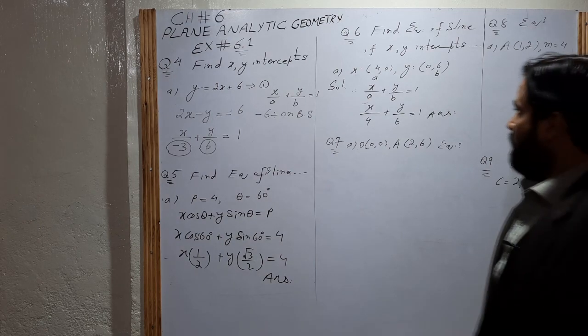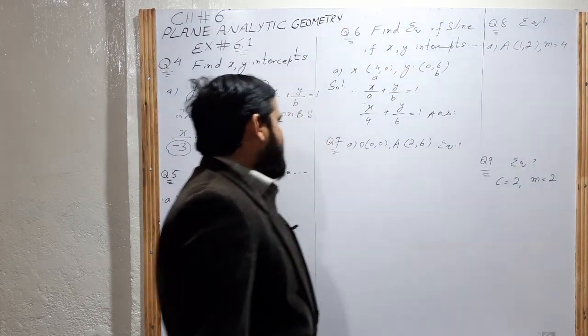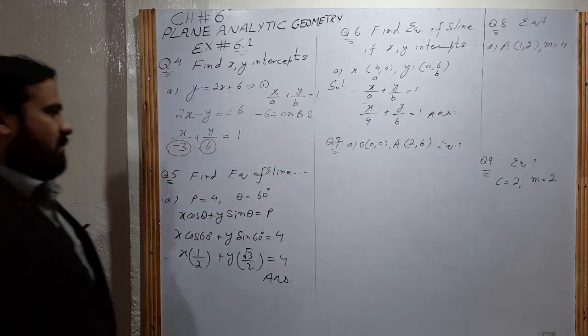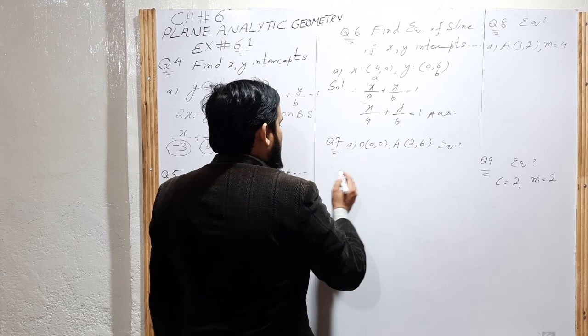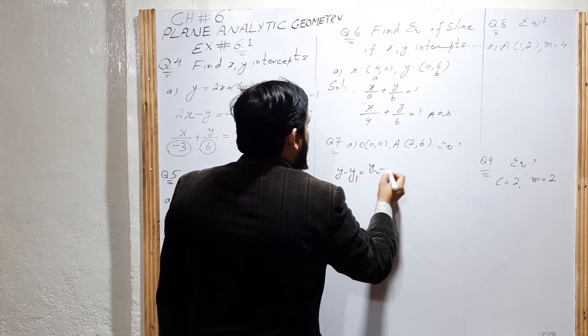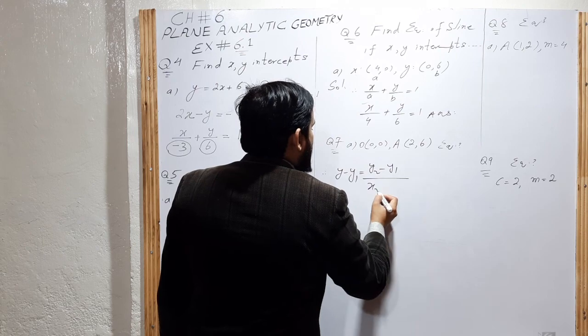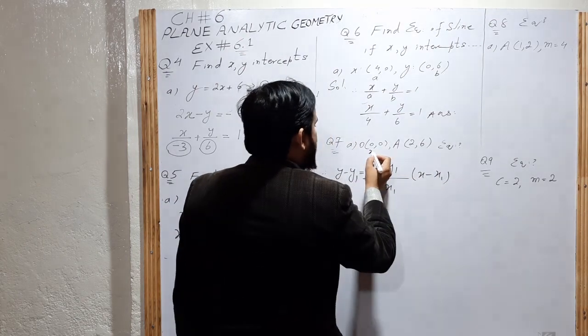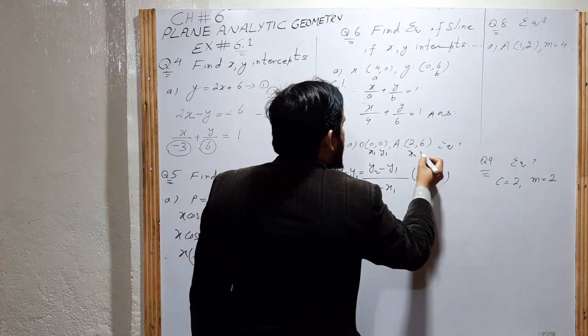Question number 7 is the next one: find the equation of the straight line if two points are given. So we use the two points formula, which is y minus y1 over y2 minus y1 equals x minus x1 over x2 minus x1, where the points are (x1, y1) and (x2, y2).